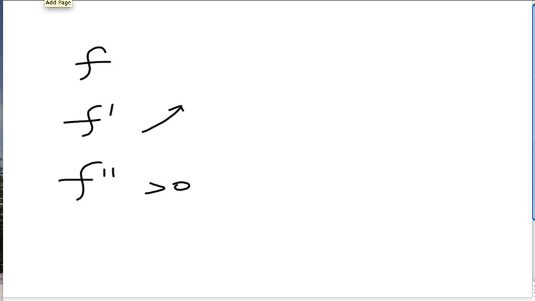Alright, here I want to make a conclusion revealing a very confusing concept. Mr. Peller did this before. I want to do this again. When the second derivative is bigger than 0, the first derivative function is increasing. When this is 0, we have a local maximum or local minimum. When f double prime is smaller than 0, we know it's decreasing.